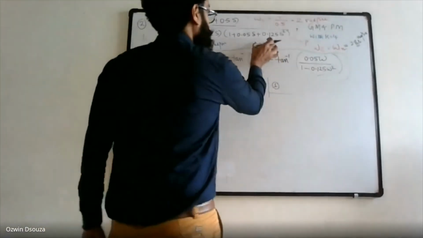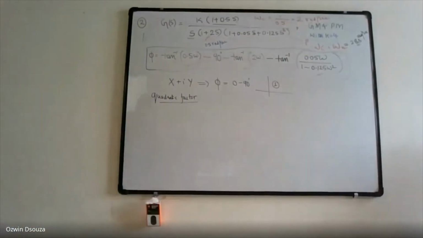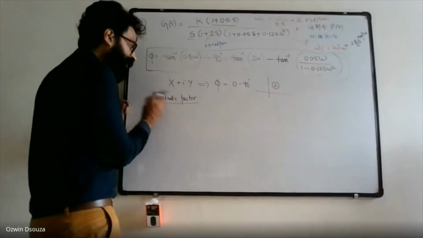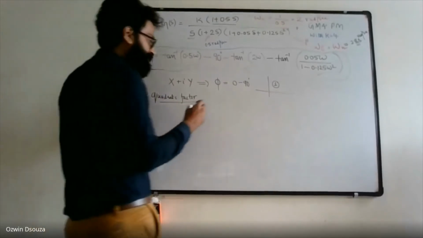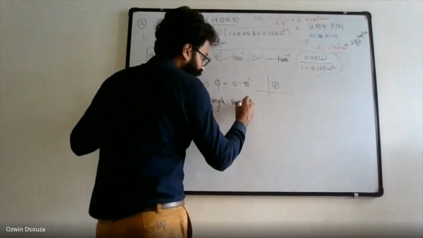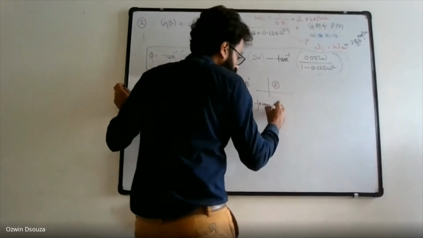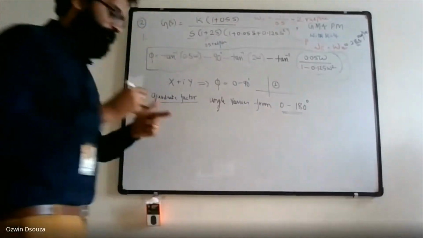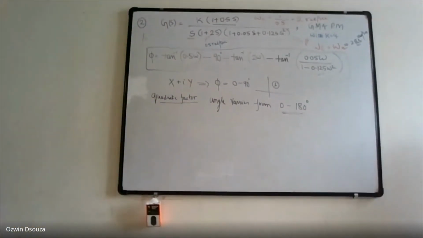a quadratic factor such as this, the order is 2, right? Because the typical equation follows s square plus 2 zeta omega n s plus omega n square. What happens in a quadratic factor is that the angle varies from 0 to 180 degree. This is very, very important.